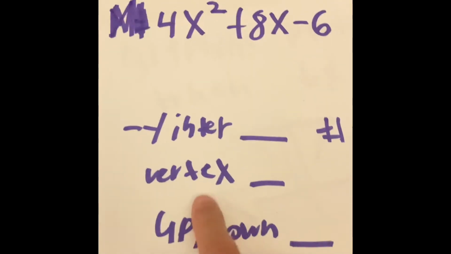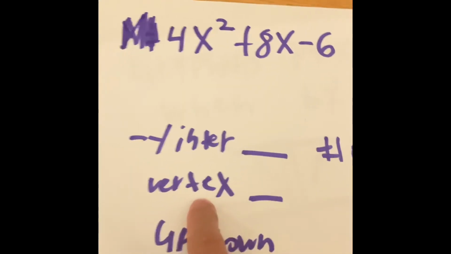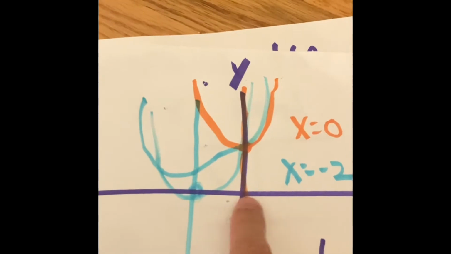But wait, how can we mathematically and algebraically find the vertex without visualizing it on a graph? Because we have to graph it anyway. How do we do that? Well, there's a formula we're going to look at. Unfortunately, the formula doesn't really have a name because it's self-explanatory.